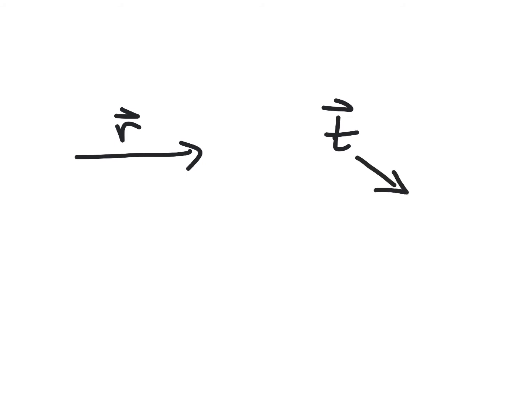Okay, now let's make sure you get subtracting. I'm going to give you two different vectors. This is going to be vector R, and this is going to be vector T. And vector T is going to look like this, short and kind of at an angle like that. Okay, would you please do R minus T, and let's see if you know how that works.